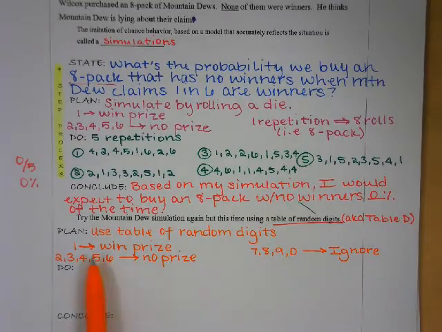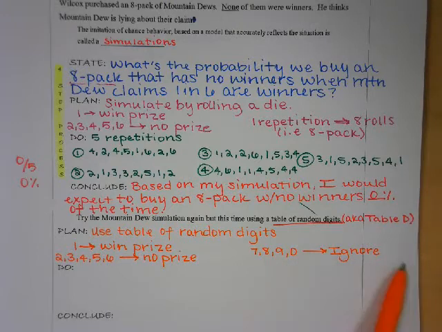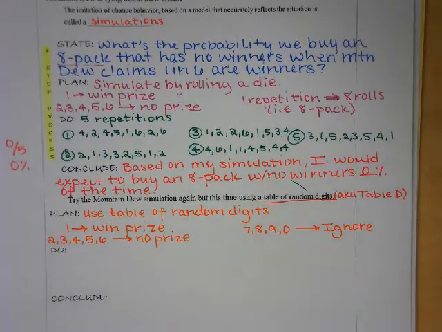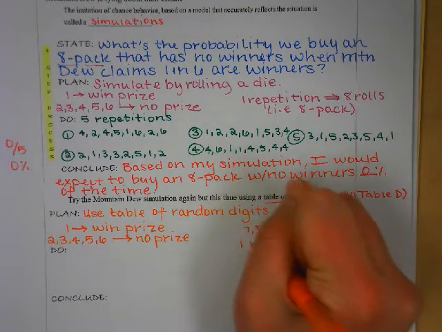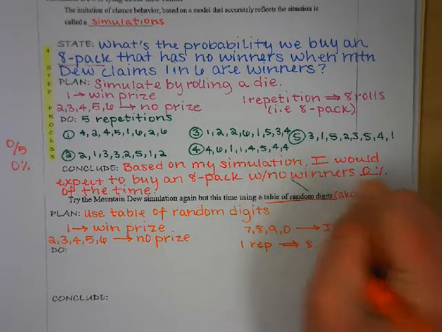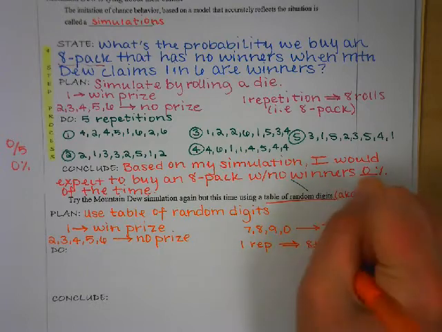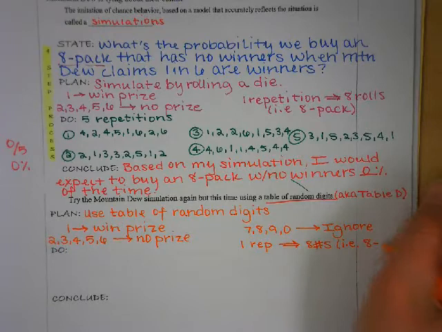But for now, 1 means win, 2 through 6 means no prize, 7 through 9 and 0 I'm going to ignore. And then just like before, we have to define what a repetition is. So 1 repetition means I'm going to get a list of 8 numbers to simulate buying an 8-pack.